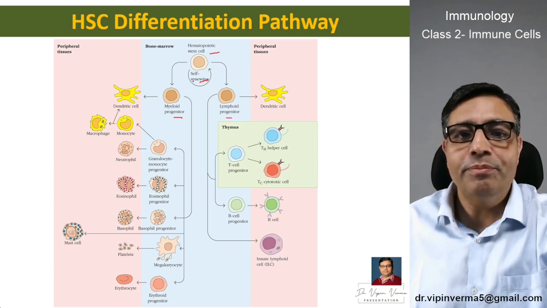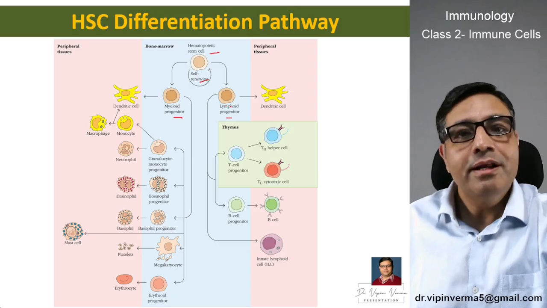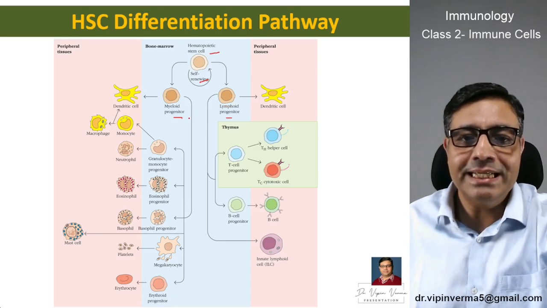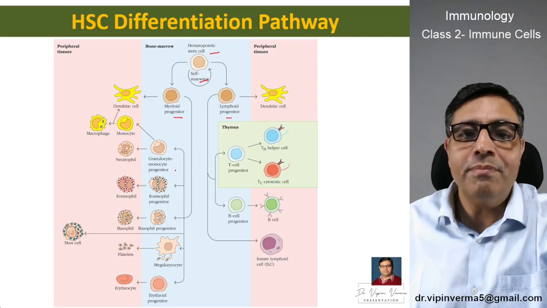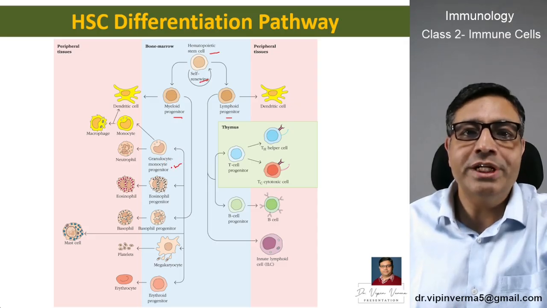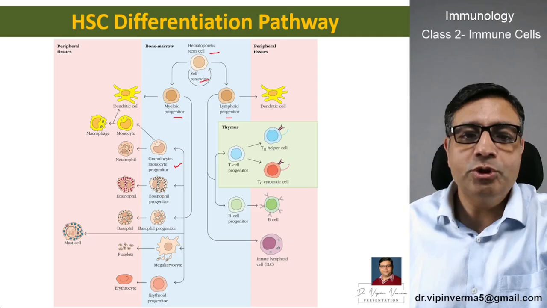Okay, so it can form either myeloid or lymphoid progenitor cell, and these myeloid progenitor cells can give rise to a number of progressive progenitor cells, for example, the granulocyte monocyte progenitor cell, which can give rise to further either neutrophil or monocyte or dendritic cell.